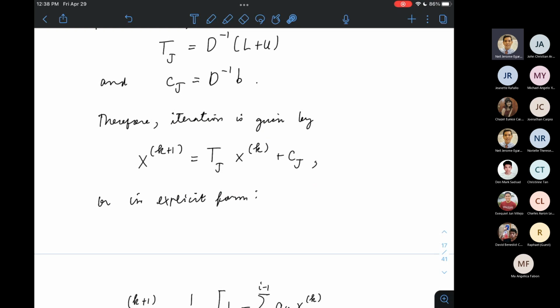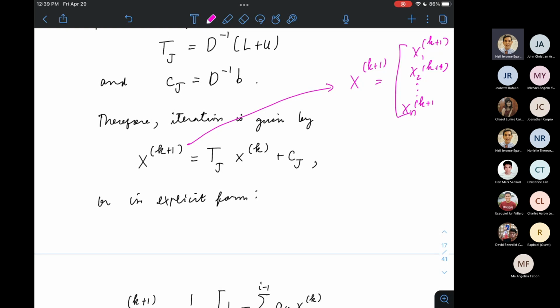But if you're a fan of serialized computations, gusto mong makita paano nag-evolve yung mga entries ni x, pwede mong i-carry out ito, or pwede mong i-expand ito in terms of the entries of the vector x. So remember si vector x natin, ang laman niya ay si x1 upper k plus 1, second component niya ito, hanggang sa nth component niya.